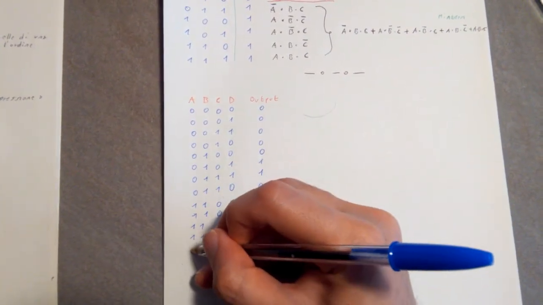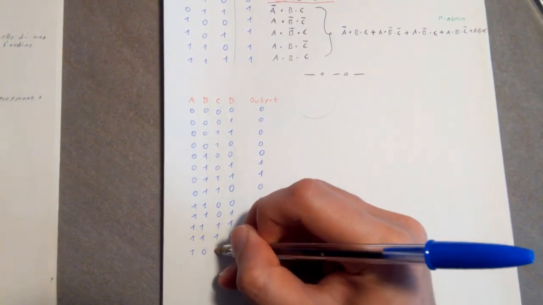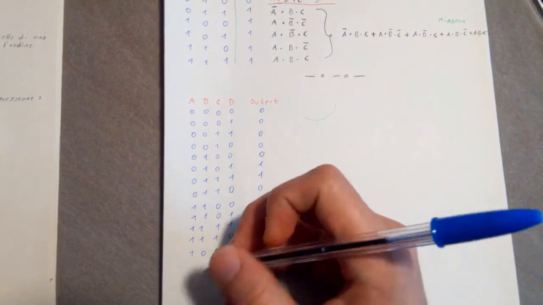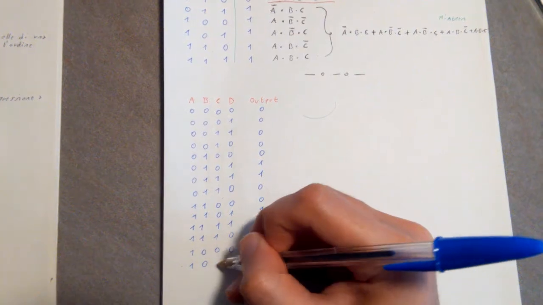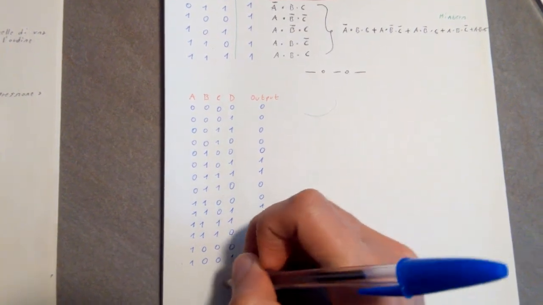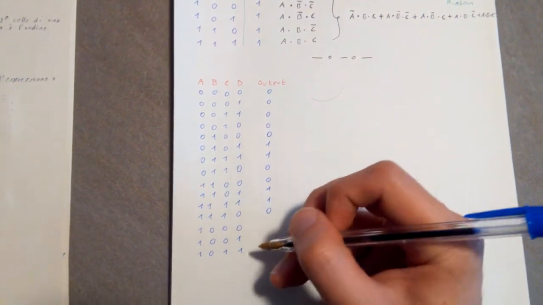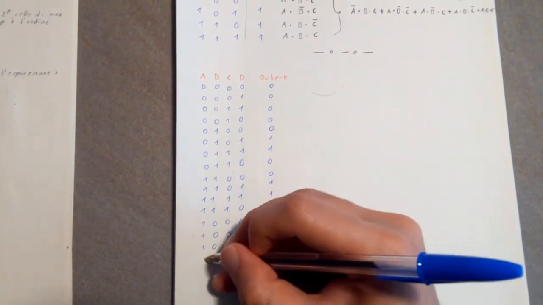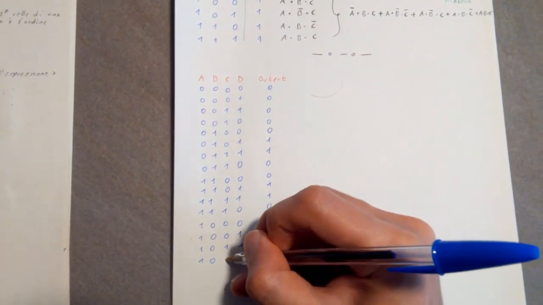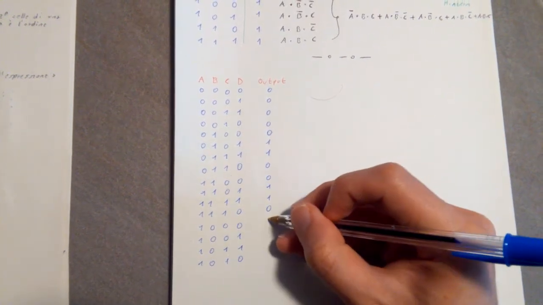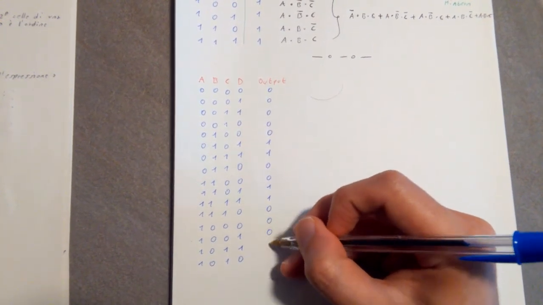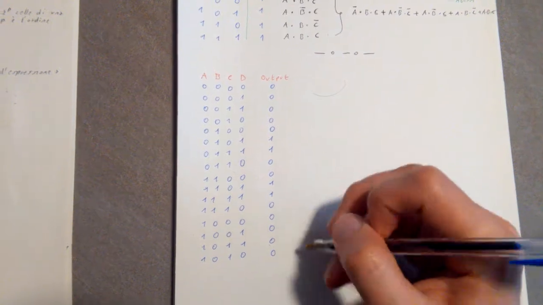And then we have 1, 0, 0, 0; 1, 0, 0, 1; 1, 0, 1, 1; and 1, 0, 1, 0, and the outputs 0, 0, 0, 0.